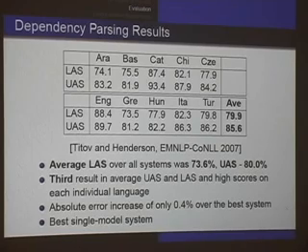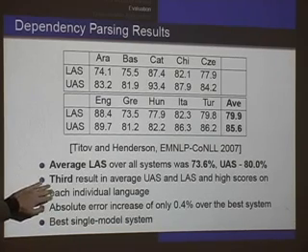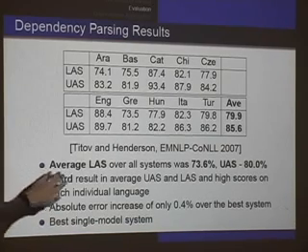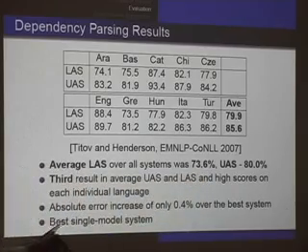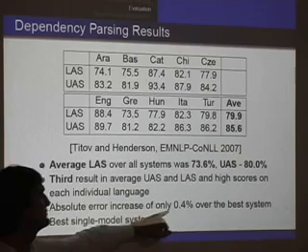Okay, another set of results. This is from this year's CoNLL shared task on dependency parsing. We just sat down, designed a model, implemented it, ran it on the data they gave us for the task, and we end up with the third best result. This is the average result across all 23 systems that were submitted, and very close to the best result for the task.